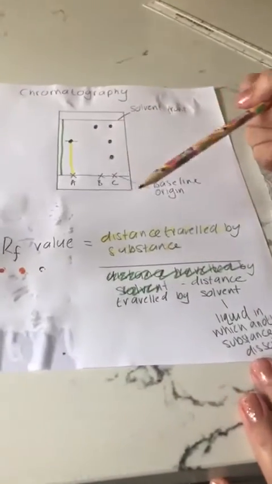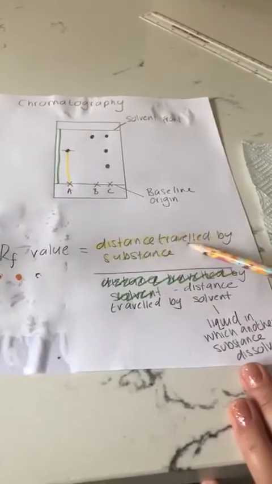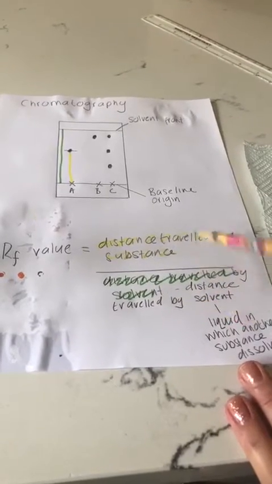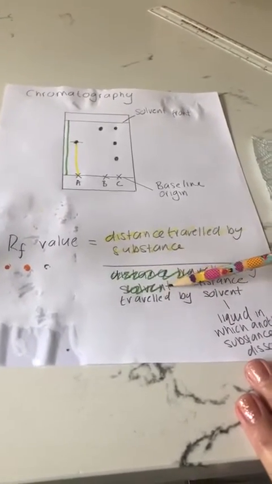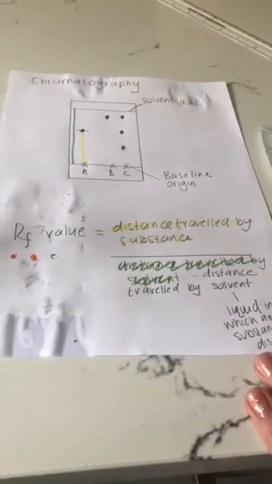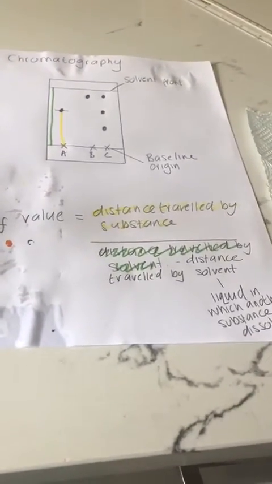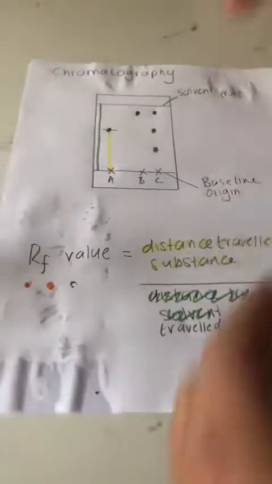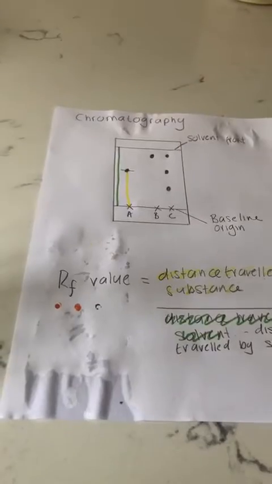Okay? So to work this out, we're going to do the distance travelled by the substance divided by the distance travelled by the solvent. Remember, the solvent is just another term to describe the liquid in which the substances have dissolved. So to do that, we are going to measure the distance travelled by the substance.